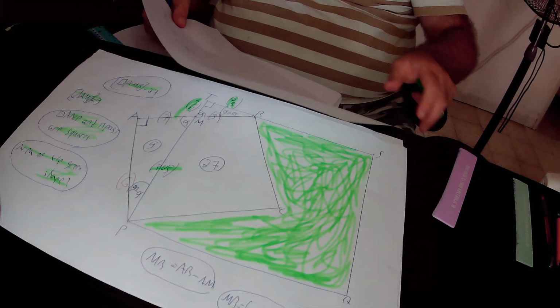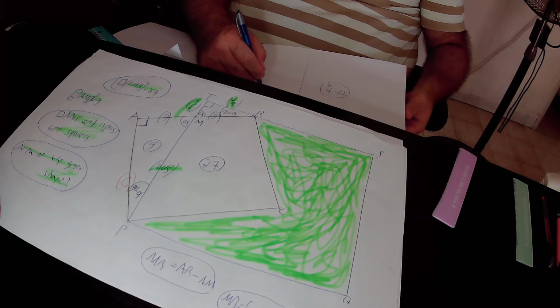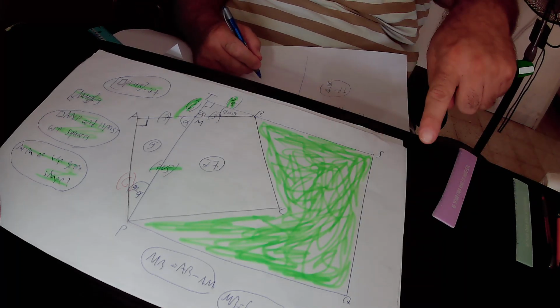So the area of the green shape in total equals the area of square TPSQ.